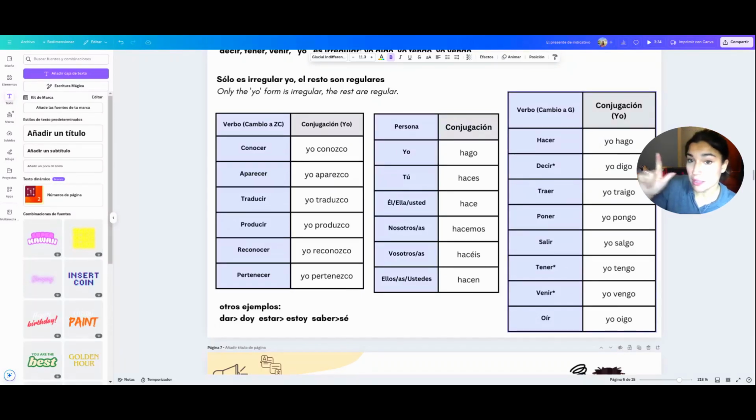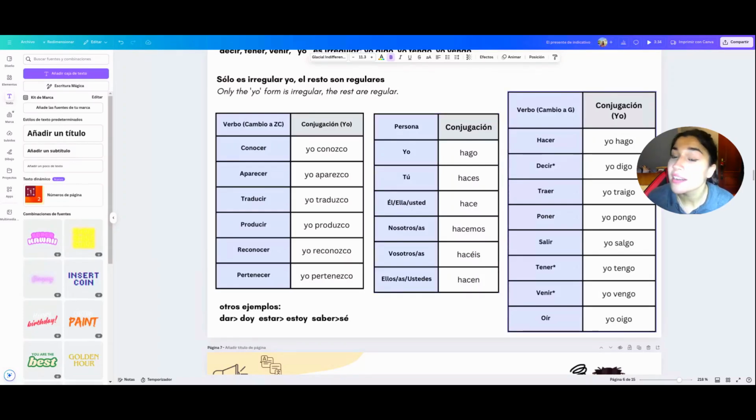Hacer is to do or to make, okay? We don't distinguish those verbs. So yo hago, but the rest: tú haces, él hace, hacemos, hacéis, hacen. Just yo is irregular. Same with, for example, poner, to put. Yo pongo, but the rest: tú pones, él pone, ponemos, ponéis, ponen. Okay? Just yo is irregular.